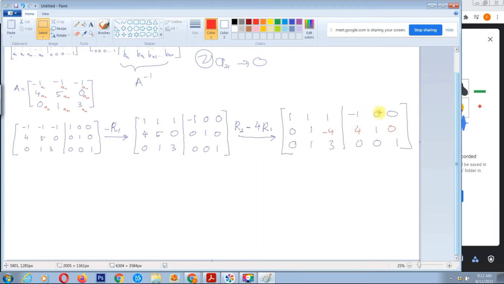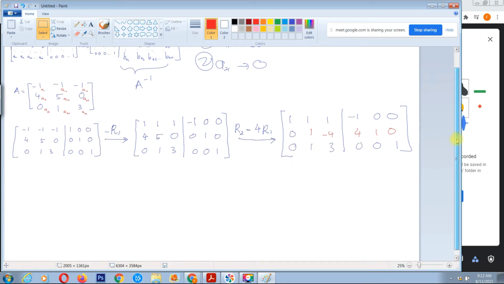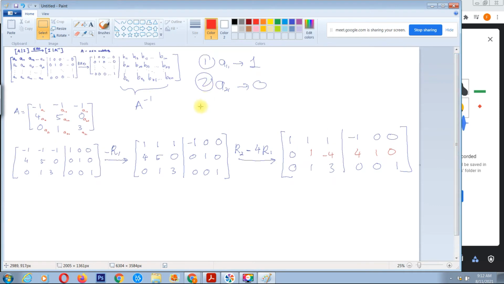Then what should we do? We should make this 0, and we already have 0. So now the third step: A31 will be 0, so no need to make any other changes.